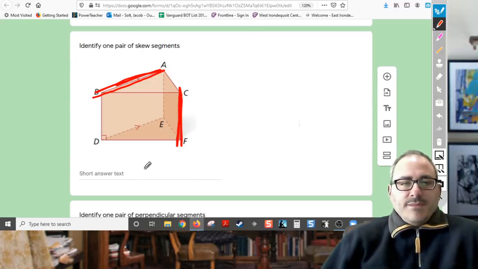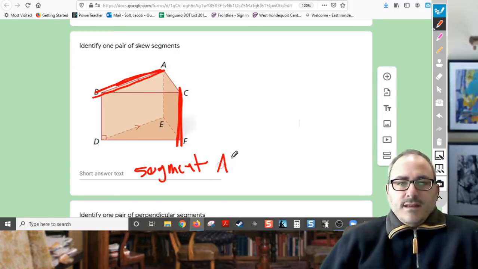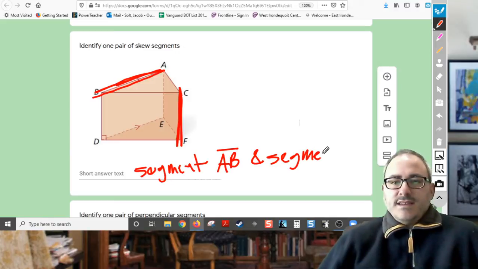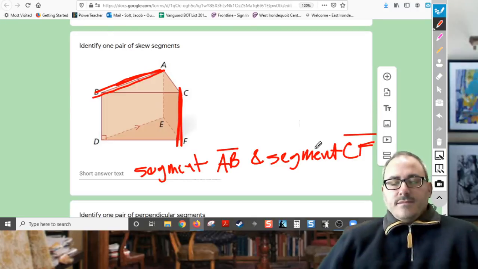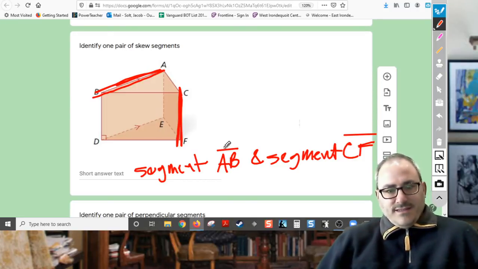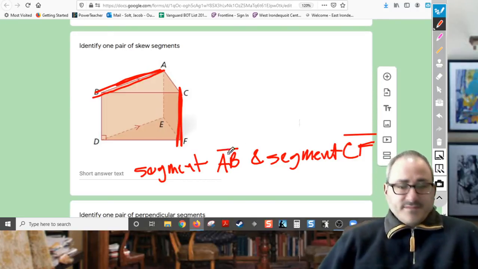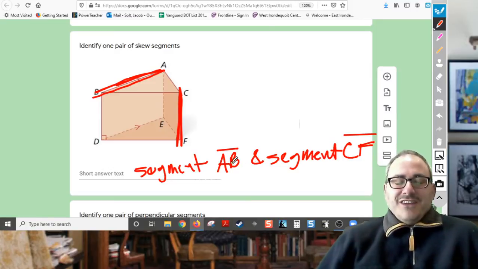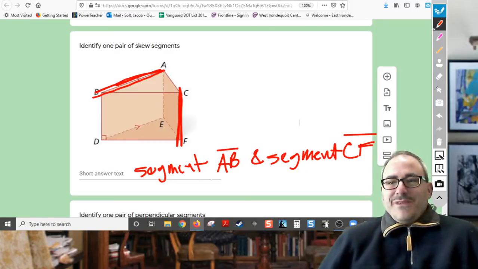So I might say something like segment AB and segment CF. Now notice I didn't actually have to write a little line above it because I already wrote segment. This is just the natural geometry notation that you would normally use if we were doing these on paper.